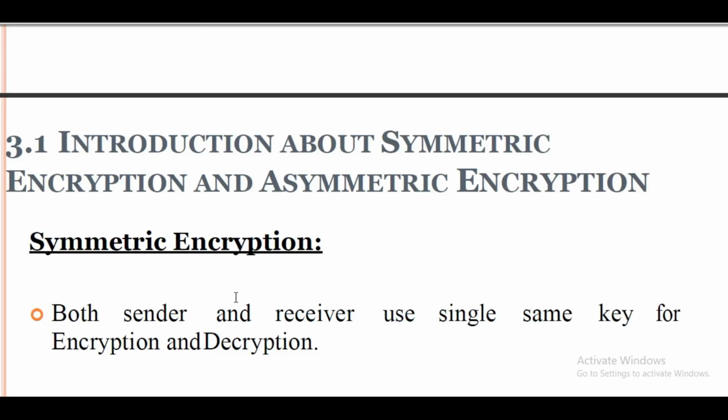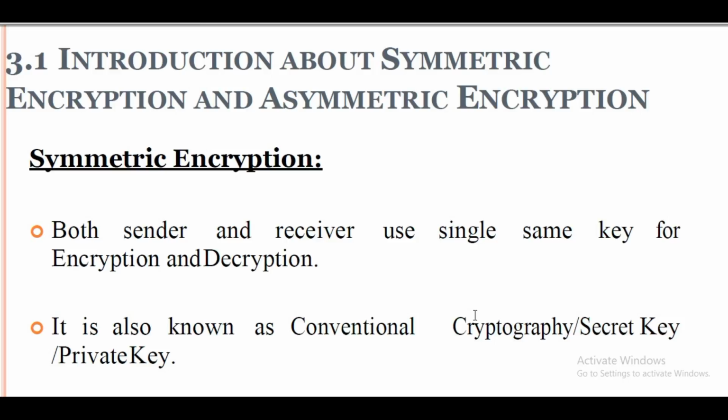So this is the basic concept of the two types of encryption method, symmetric encryption and asymmetric encryption. Keep in mind that for symmetric we always have a single secret key for both encryption and decryption, whereas for asymmetric encryption we have two different keys: one is a public key, another is a private key.